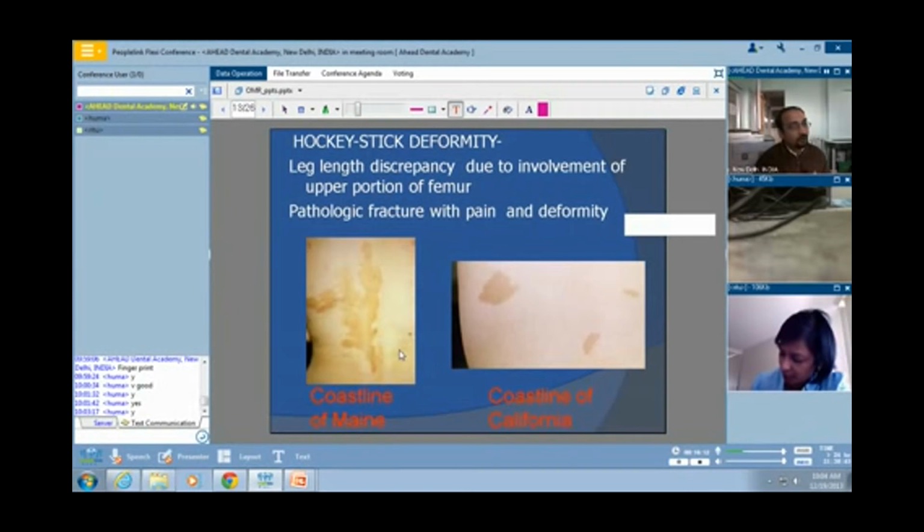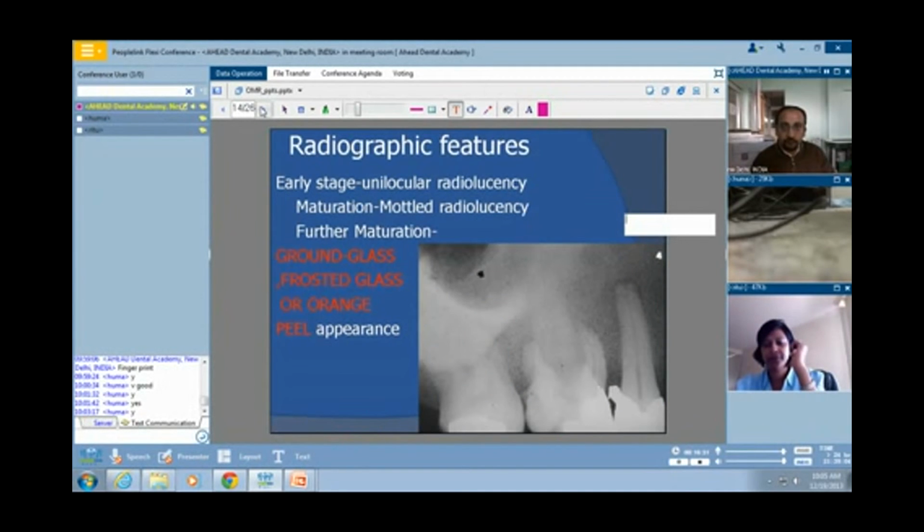When fibrous dysplasia involves the femur, it leads to enlargement of the upper portion of the femur, leading to a leg discrepancy, and that is called hockey stick deformity. Okay? Now radiographic features again, monostotic, polyostotic, same stuff. No difference at all. Fingerprint appearance, thumbprint appearance.